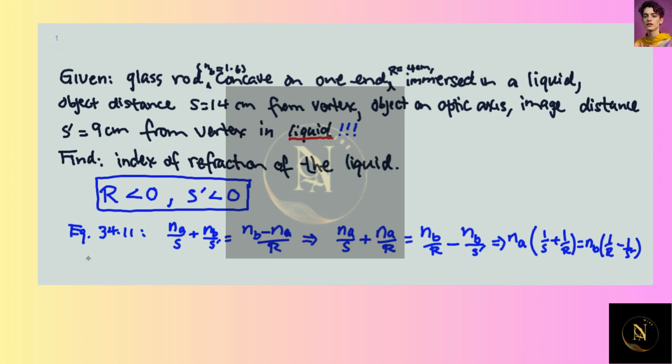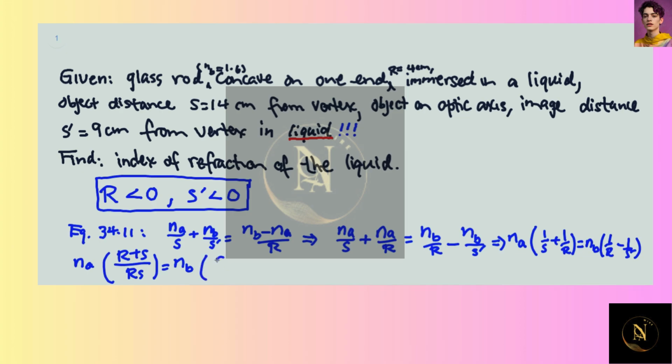And we can just put this over a common denominator and also this over a common denominator. So that gives me NA times R plus S over R times S is equal to NB.